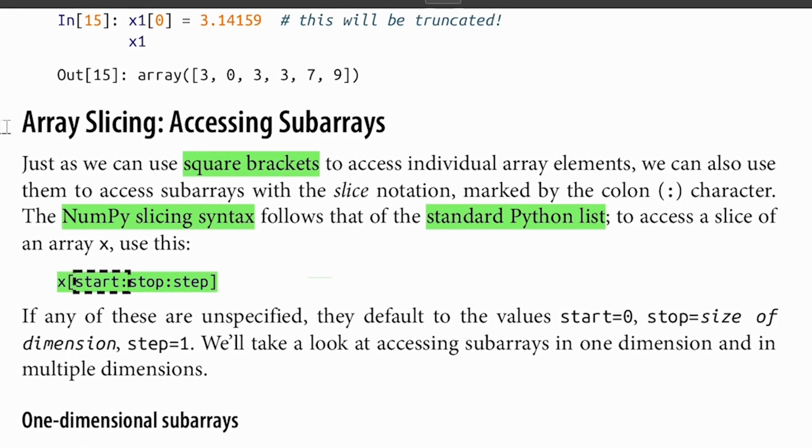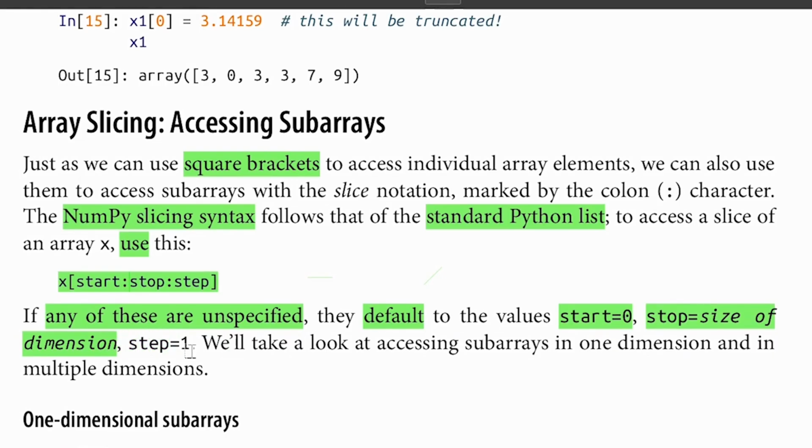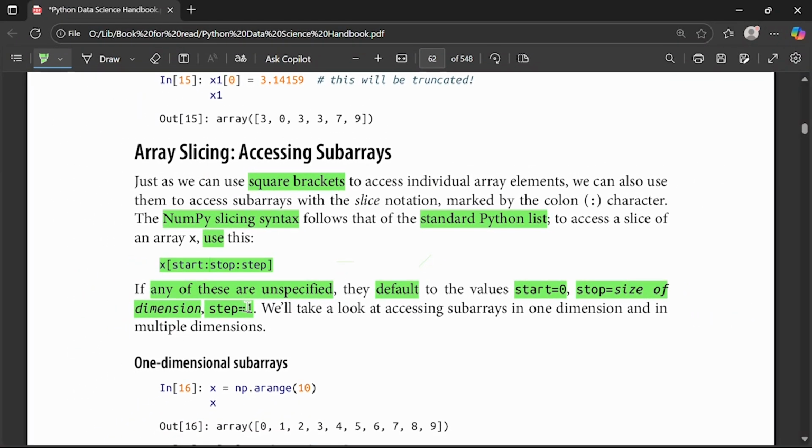Stop is where our slice is going to end. But what I need to point out is this: if any of these three values, start, stop, and step, is not specified, it assigns start to 0, stop to the size of that array in that dimension, and step is set to 1 by default.